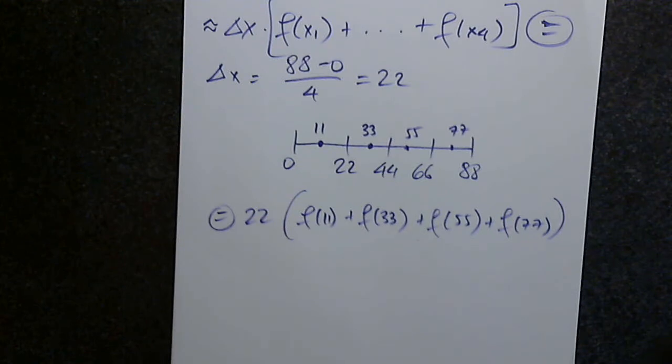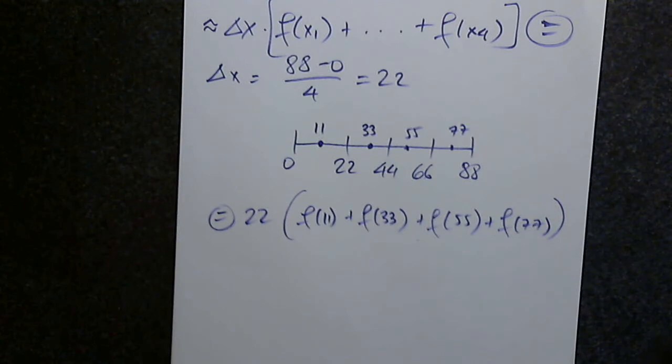And then the next one is 55 and then 77. And then plus the last one, I call function y1 at 77, close the parenthesis for the function and close the parenthesis for the whole thing.